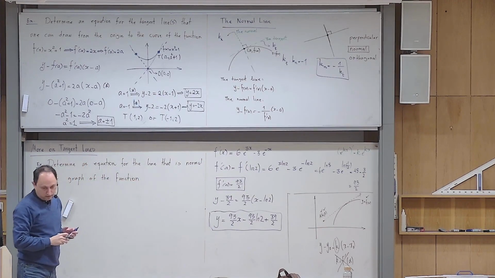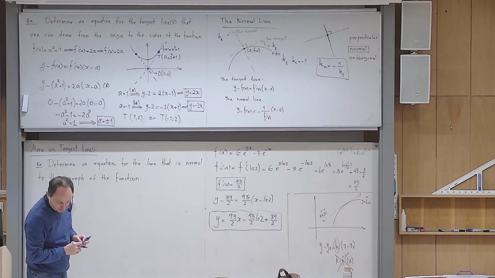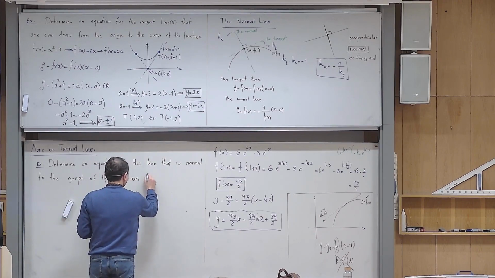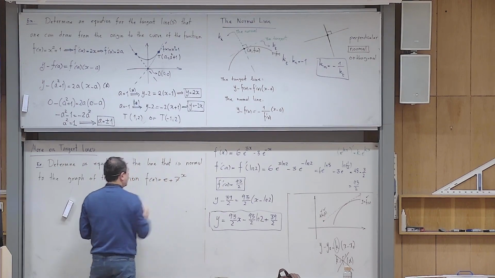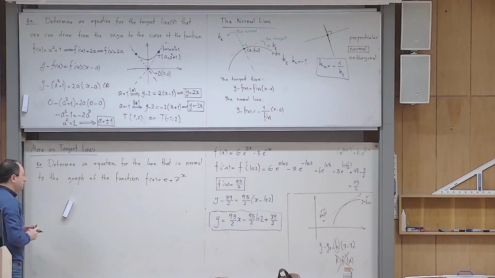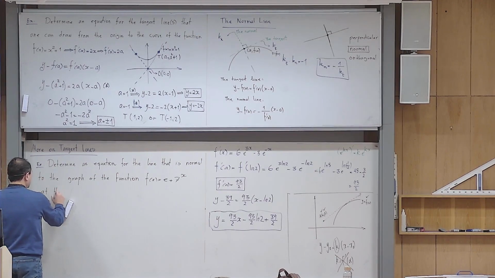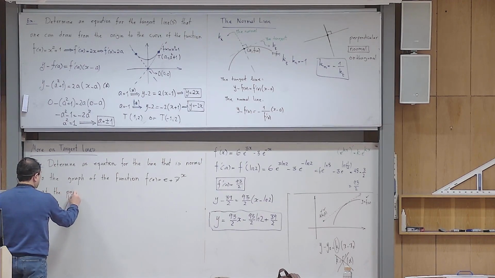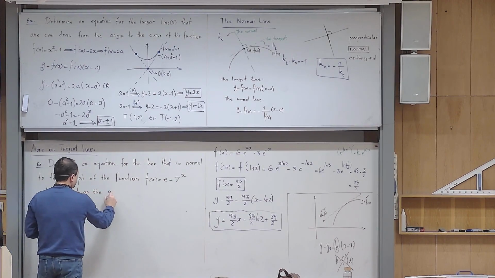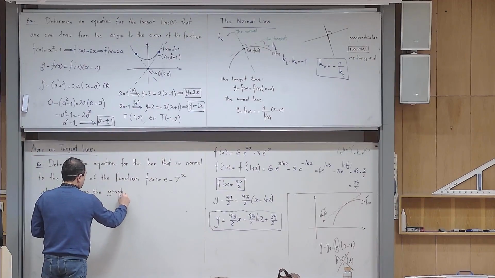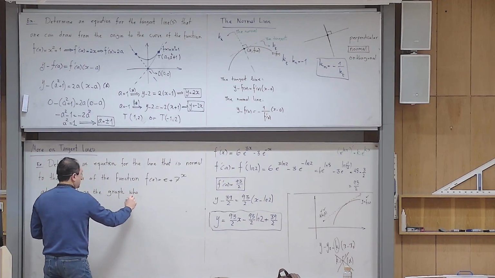So what is that in the book? It is y equals f of x is equal to e plus 7 to the power x, at the point on the graph whose x coordinate is 0.